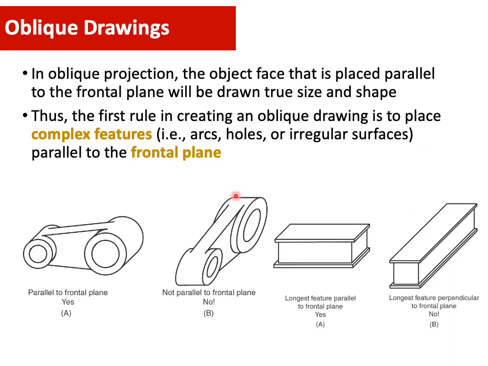As you can see in these figures, you can't have this circle shape at your side. You need to be facing your view, at the front. So it needs to be parallel to the frontal plane. This is better for a good oblique drawing.